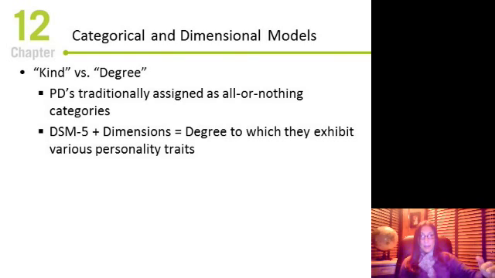So if you met a certain amount of criteria, then you were categorized as such and such. The DSM-5 did retain the categorical diagnosis, but they also introduced a dimensional model of personality disorders, in which individuals are rated on the degree to which they exhibit various personality traits.